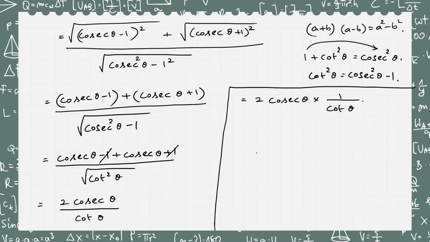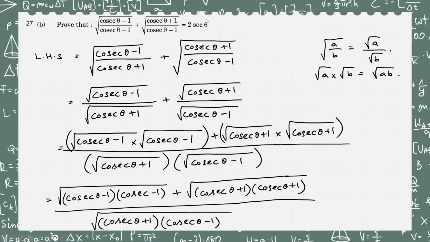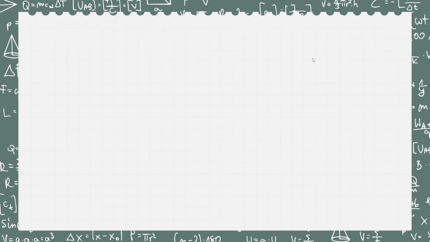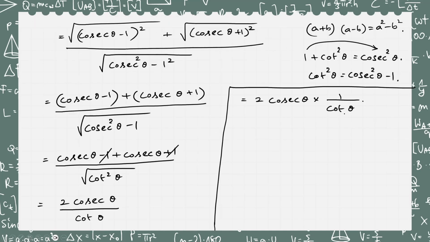Okay. Why are we doing all this? Because look at the RHS of the proof. We have to have 2 secant theta there. So we need to convert them in terms of sine and cos, then only we will get some idea, right? So this will be 2 into cosecant, which is 1 by sine theta, and 1 by cot is nothing but tan theta.